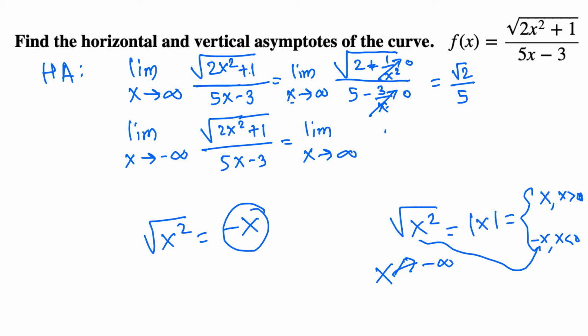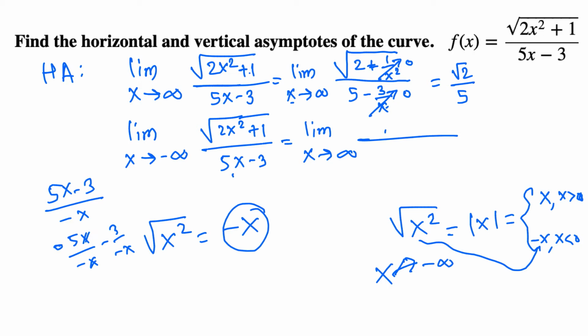So we divide the top by the square root of x squared and the bottom by negative x. That's the difference. On the bottom we get 5x minus 3 divided by negative x, that means 5x over negative x minus 3 over negative x.